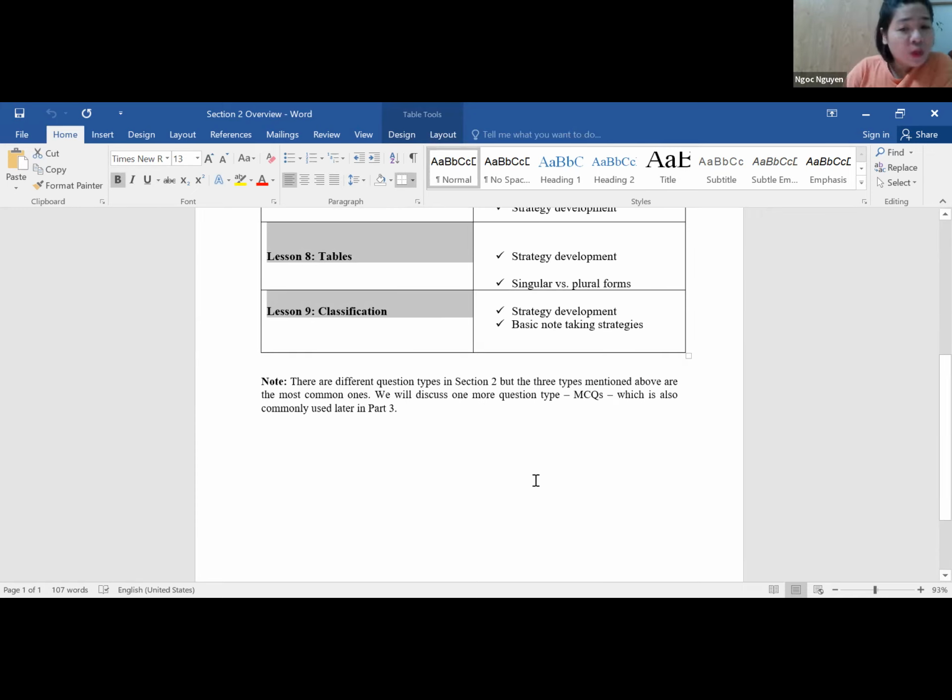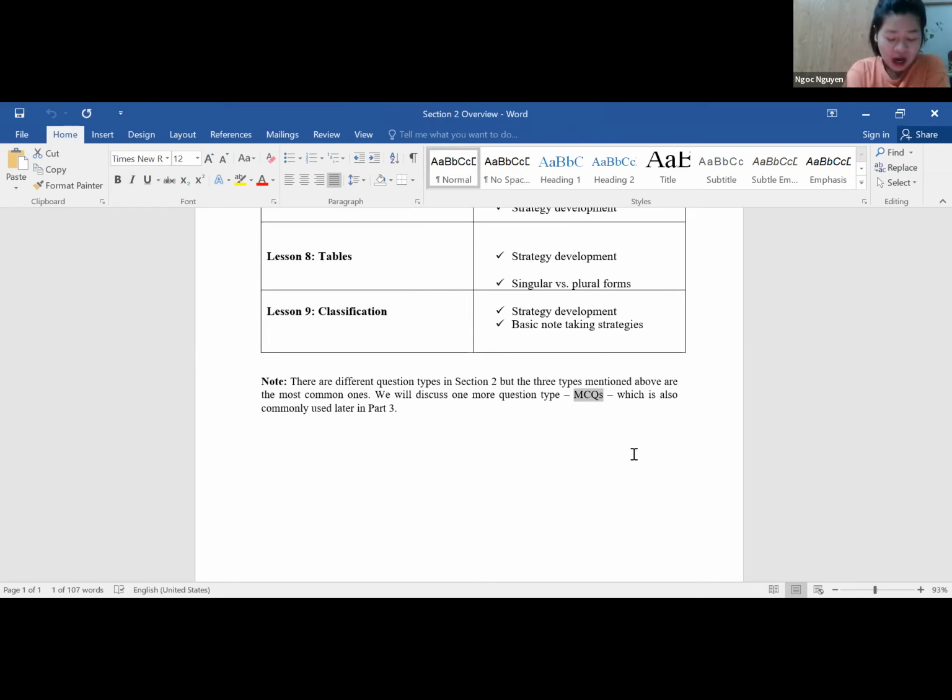And there's another question type which is also very common in section 2 or part 2, and it is multiple choice questions or MCQs. However, according to my experience, and I've been teaching IELTS for about 13 years, multiple choice questions are very, very challenging.